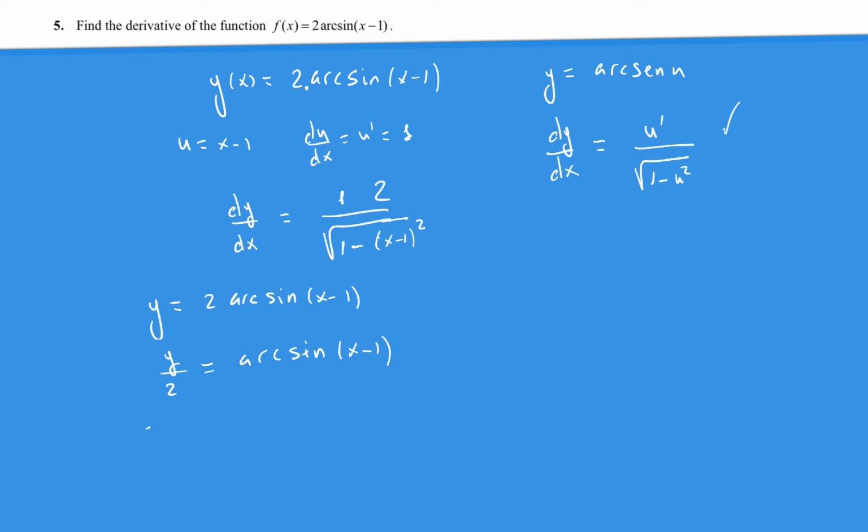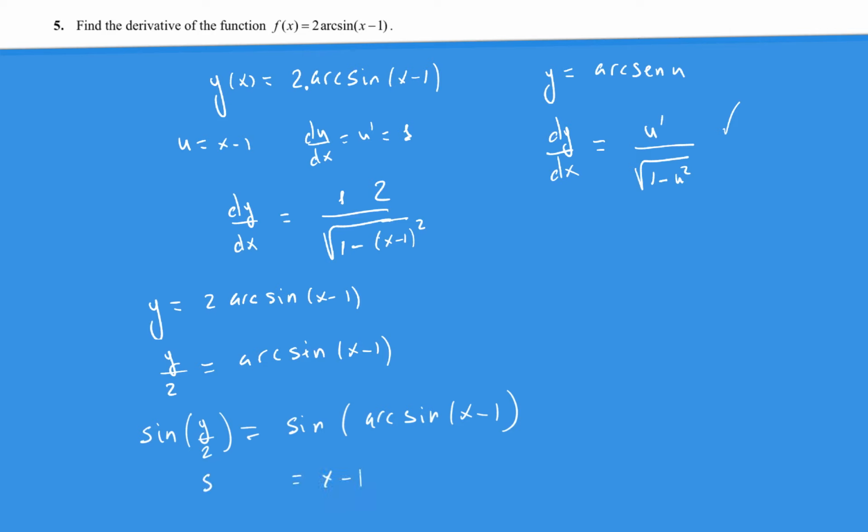So I will do sine of y divided by 2 equals the sine of arcsine of x minus 1. And the sine of the arcsine of x minus 1 is x minus 1.